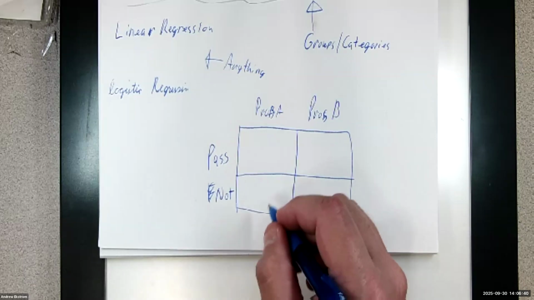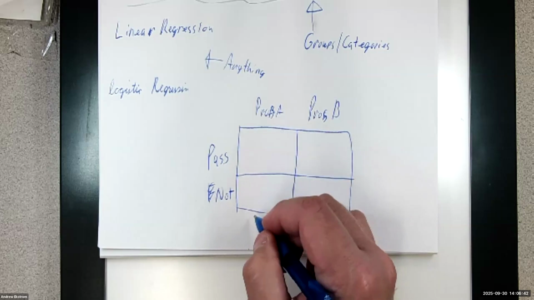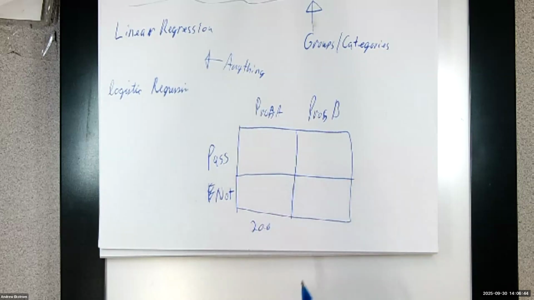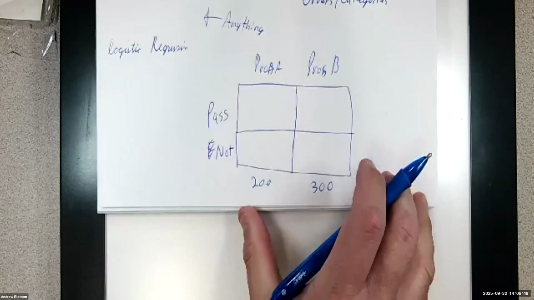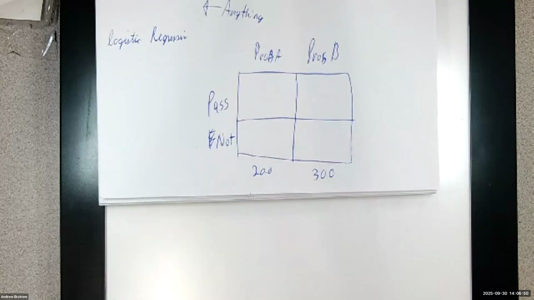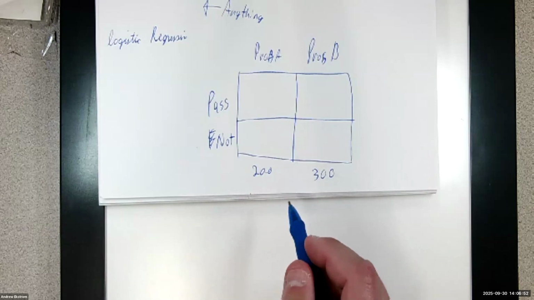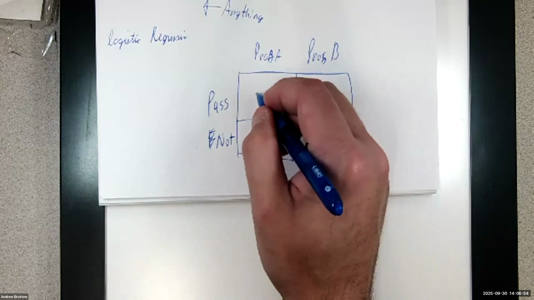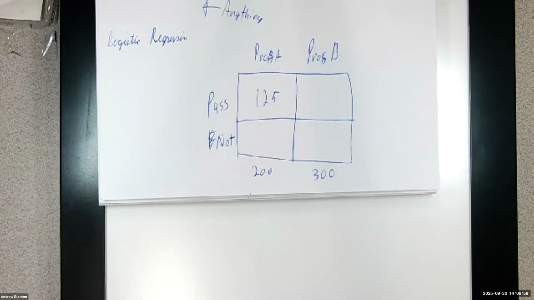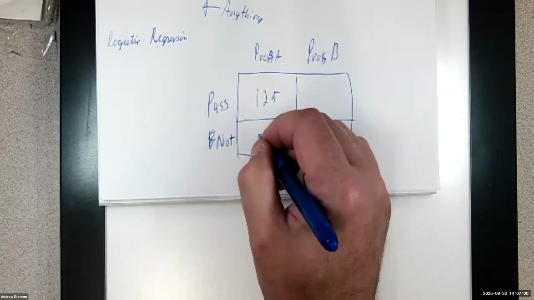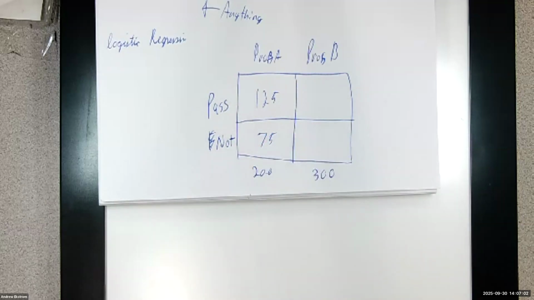And what's going to happen is we're going to see, let's say Professor A taught 200 students, Professor B taught 300 students. We can now take these and break them apart. So let's say 125 of Professor A's students passed. That means 75 did not.